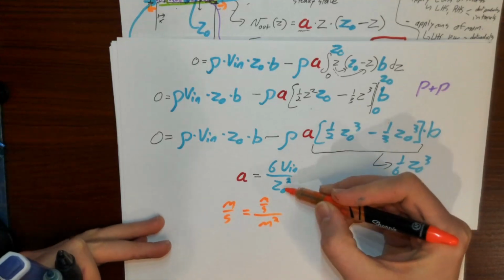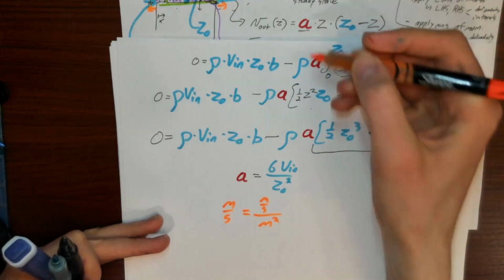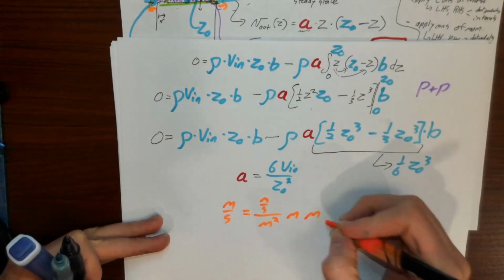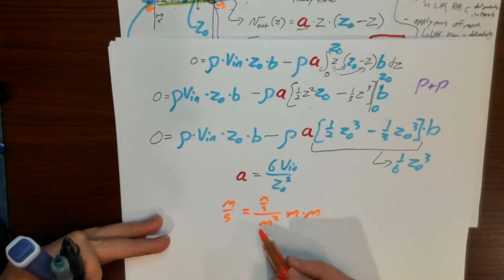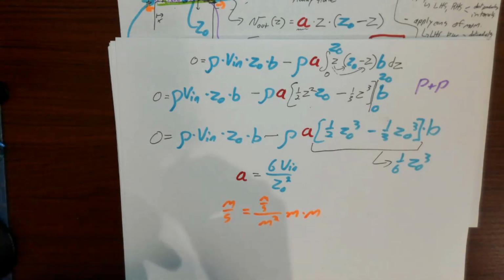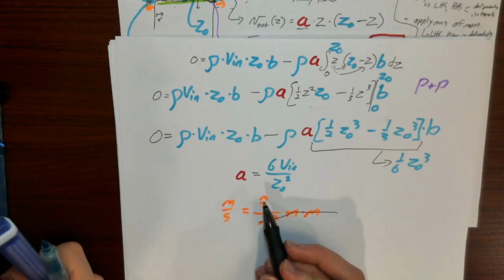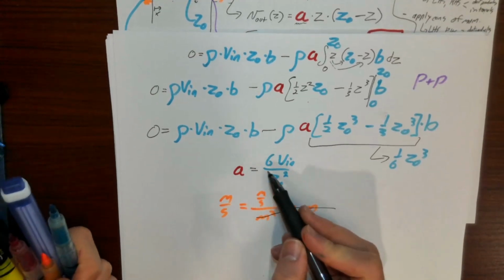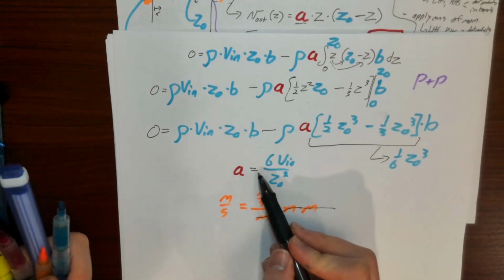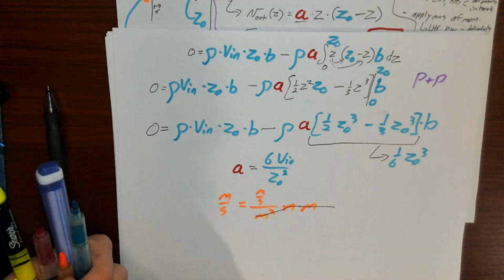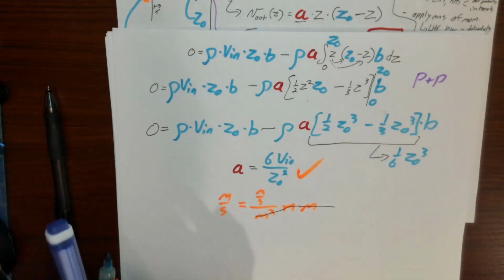V in has meters per second and z_0 has meters squared, and then z has units of meters, and then z_0 minus z also has units of meters. So does it work out? Yes. These cancel out, and we have meters per second on both sides. That doesn't necessarily guarantee that we did A right, but it at least gives us a little more assurance. So check. We're feeling pretty good about A.